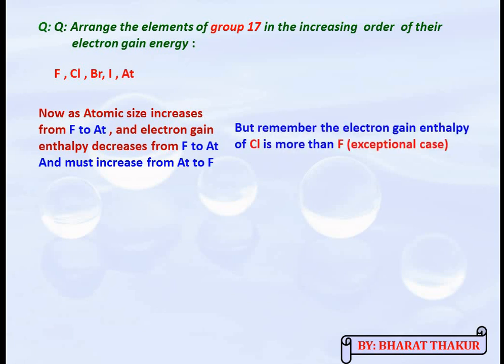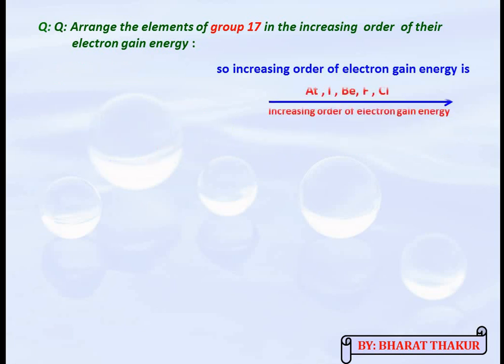But this is a special case for group 17, because the electron gain enthalpy of fluorine is less than chlorine. So it should always be remembered while arranging group 17 according to electron affinity value that chlorine has more electron affinity than fluorine. So the increasing order of electron gain enthalpy for group 17 is astatine, iodine, bromine, fluorine, then chlorine. Chlorine having the most electron affinity value is written at the last.